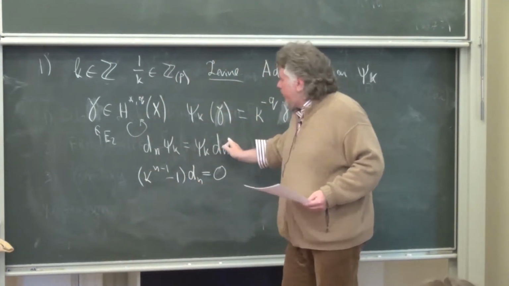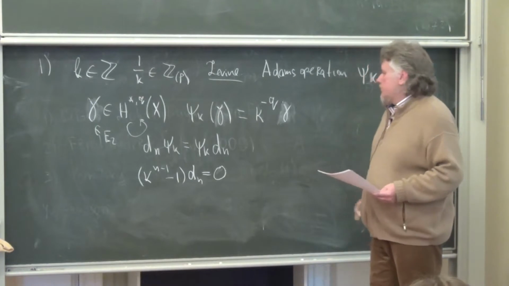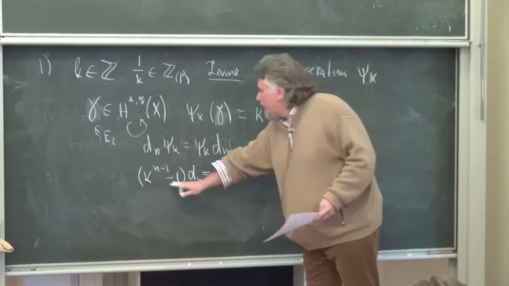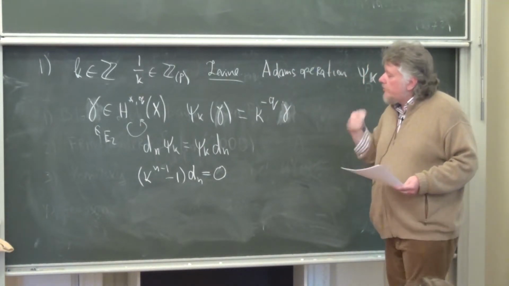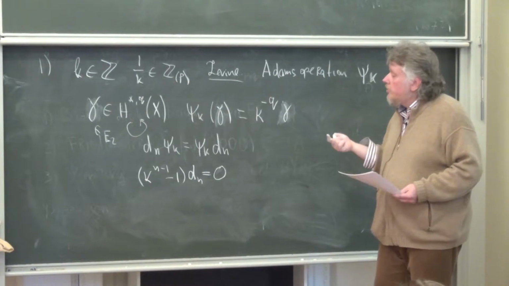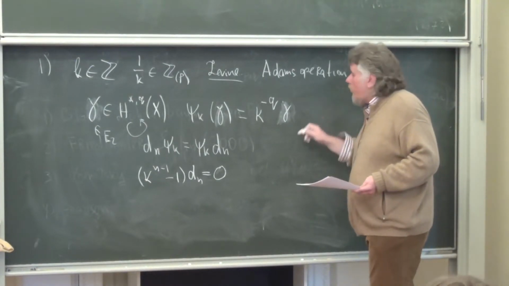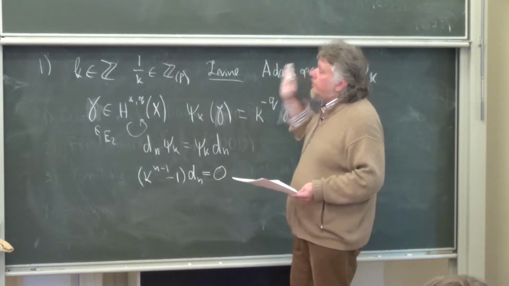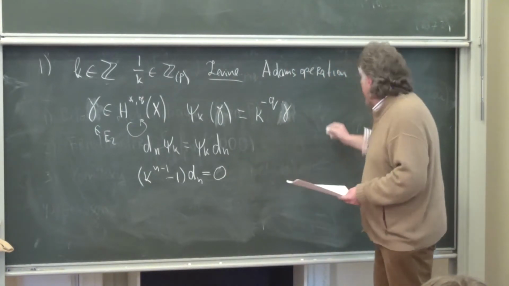So we just subtract one part from another and use this relation. So we got this. So dn dies after multiplication by some integer number. So as the first corollary here, we got that with rational coefficients, this spectral sequence degenerates at E2 term. But we need something more.